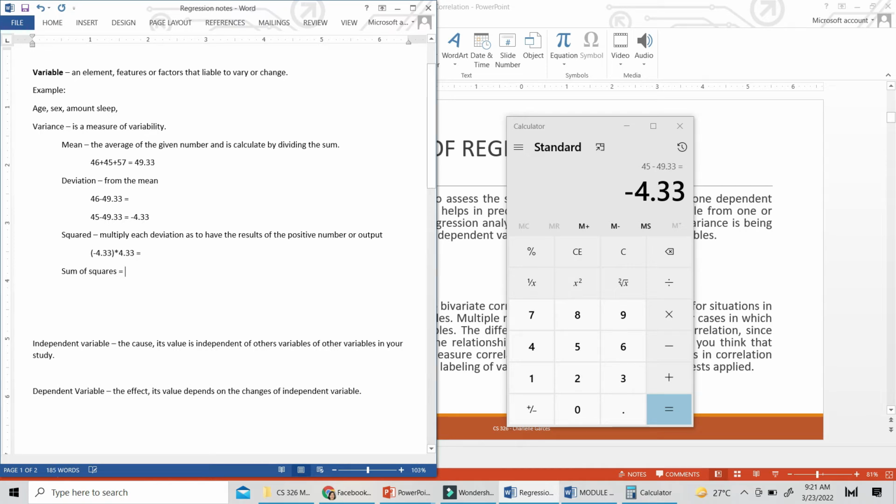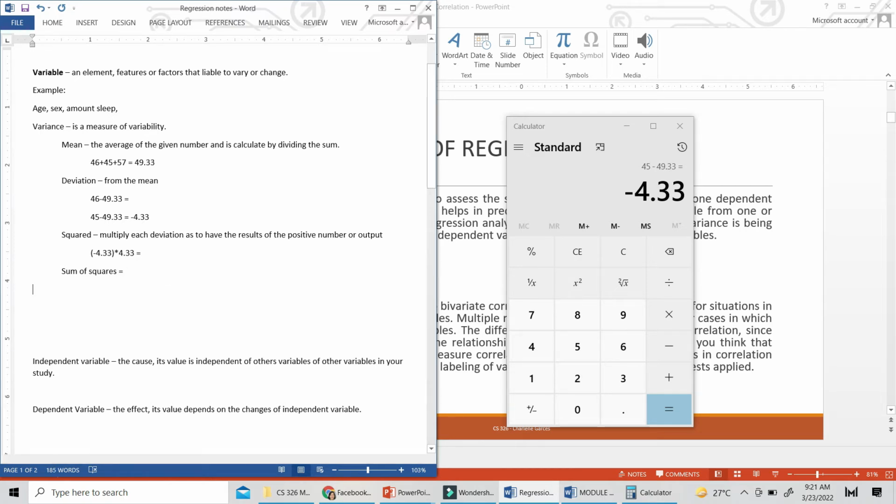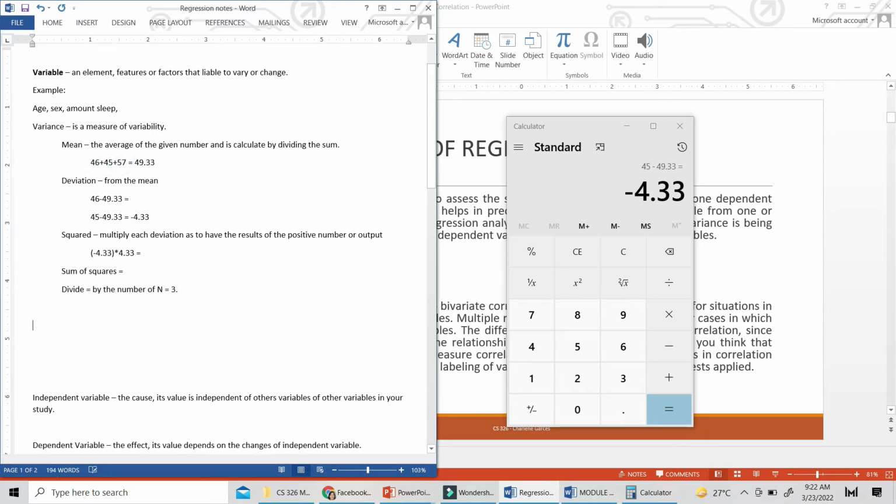We have to add everything and divide this by the number of n, which is equal to 3. 1, 2, 3.